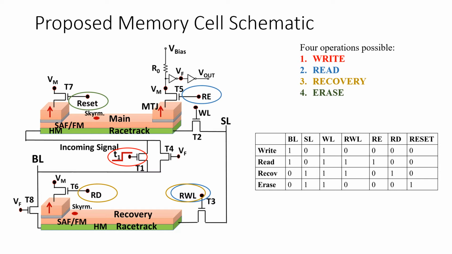And then when you apply the read operation, again you have the bit line turned on, and now you also have the read enable turned on, this blue thing. So what happens is that the skyrmion is driven, wherever it was after the write operation, to the end of the racetrack, where you have this MTJ sitting.